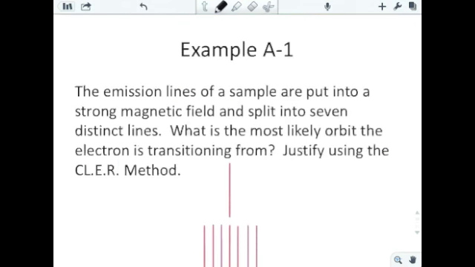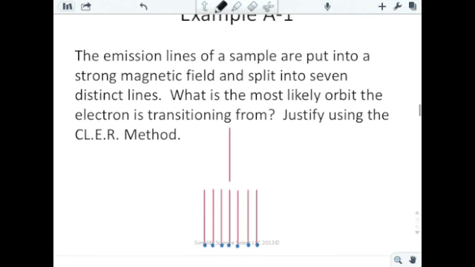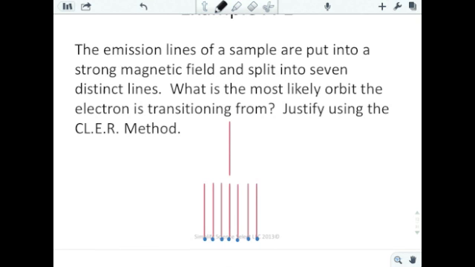So let's look at some examples. Example A1: the emission lines of a sample are put into a strong magnetic field and split into 7 distinct lines. What is most likely the orbital the electron is transitioning from? We see one line broken up into 7 lines, and this is the Zeeman effect.